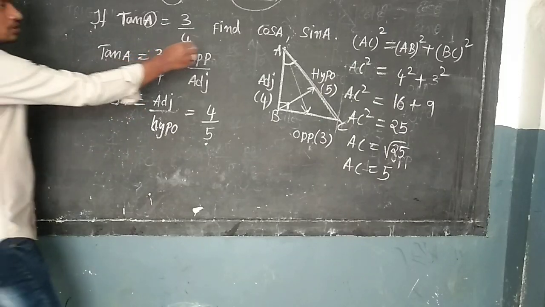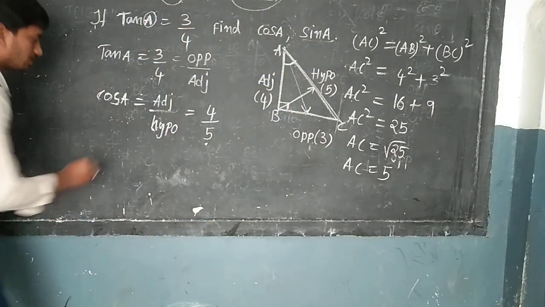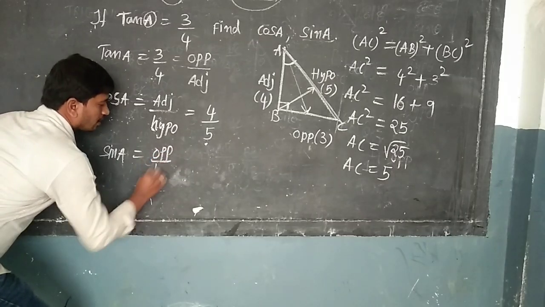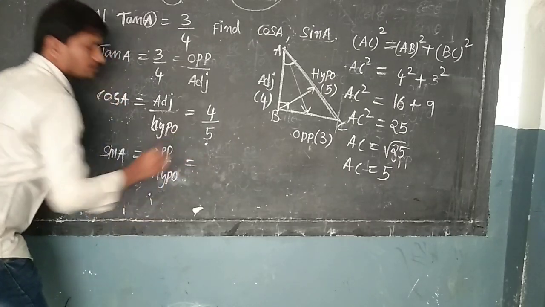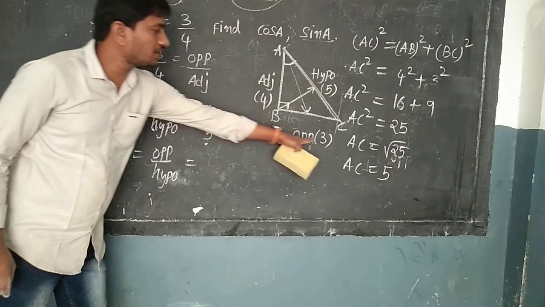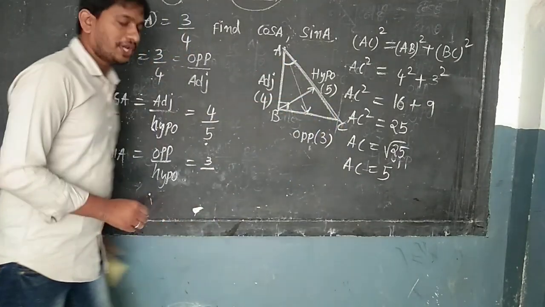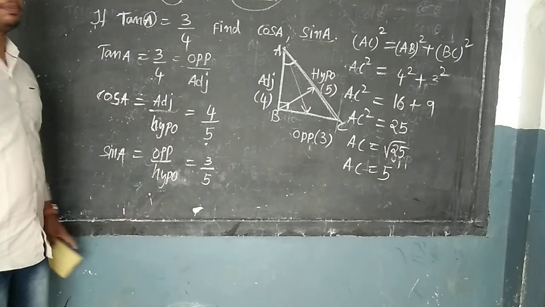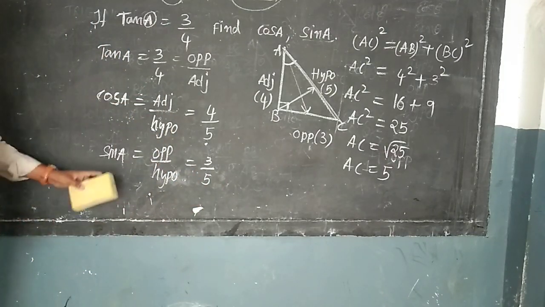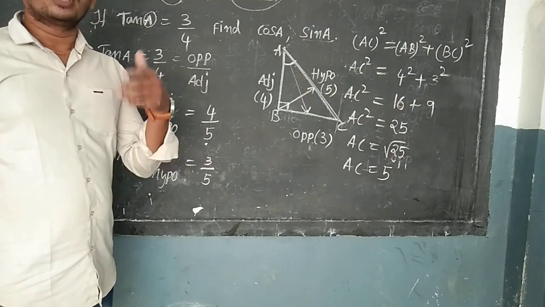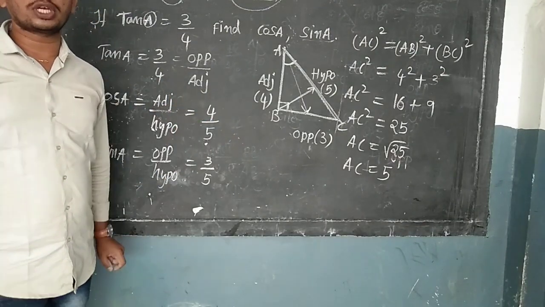Now coming to the next one, sin A. Sin A is nothing but opposite by hypotenuse. Opposite is here 3 units and hypotenuse is 5 units. So it is 3 by 5. In this way we can also find the other trigonometric ratios.